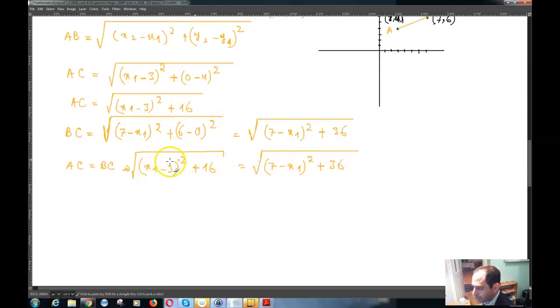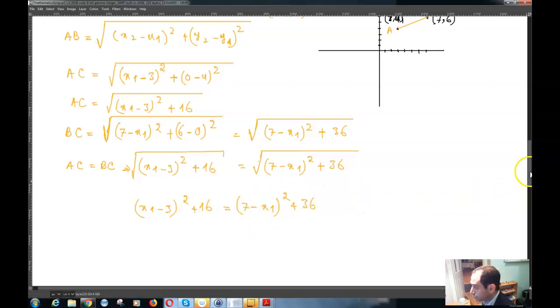If I raise both sides of this equation to the second power, I get x1 minus 3 whole squared plus 16 is equal to 7 minus x1 whole squared plus 36.